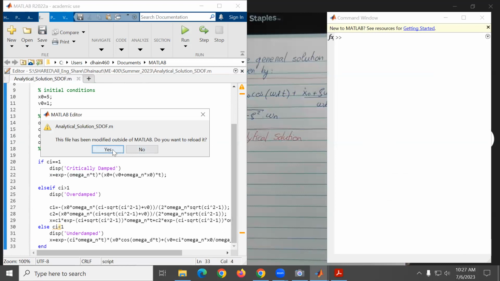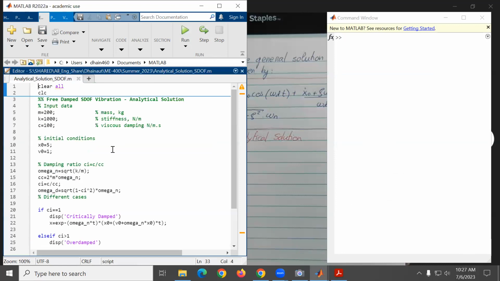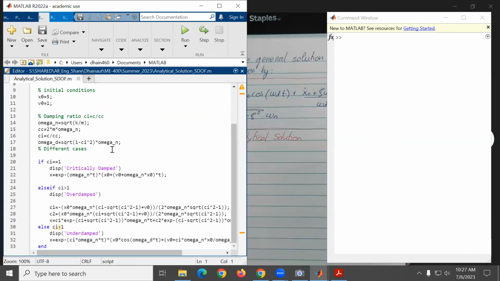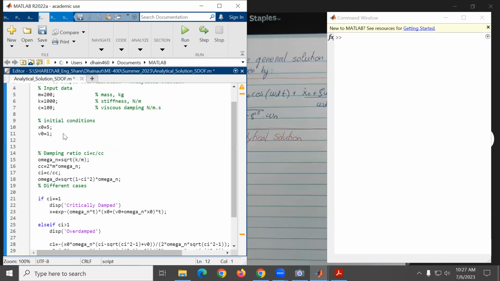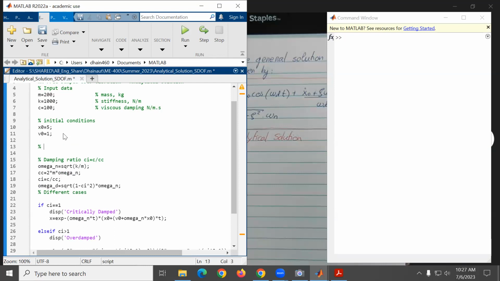What? I don't know. Did I forget something? Oh, we need to define t, no? Okay, correct. So for t, we can define t. So t might be changing. Let's come over here and define it over here. Time. I'm going to define it a bit differently.